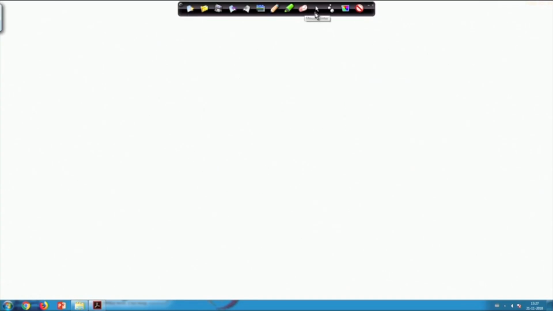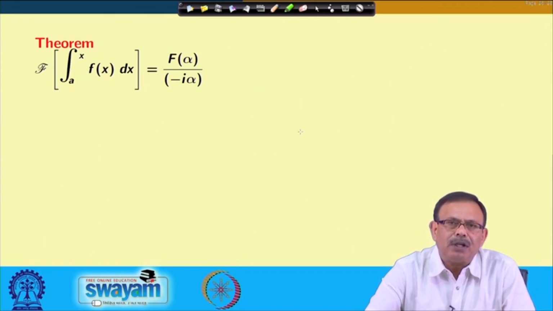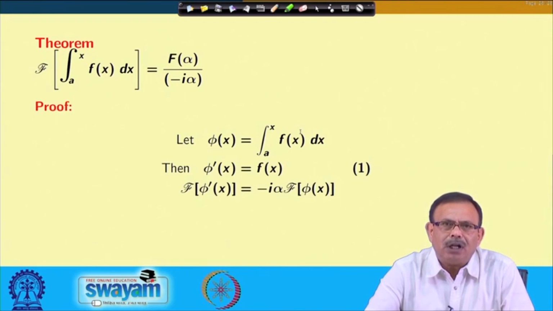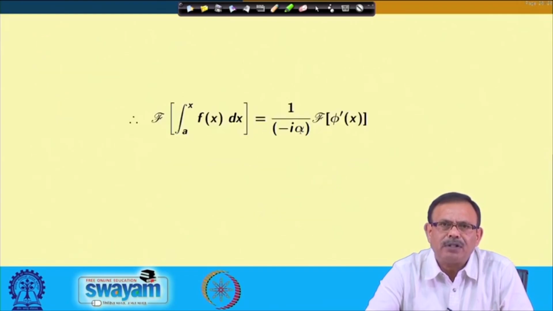Let us see it quickly. I have to prove that the Fourier transform of the integral from a to x of f(x) dx equals F alpha by minus i alpha. So, I am assuming phi x is this, so that phi dash x is f(x), and now I am taking the Fourier transform of phi dash x, using the property, equals minus i alpha into the Fourier transform of phi x, which is the integral from a to x of f(x) dx. And so I can say the Fourier transform of the integral from a to x of f(x) dx is the Fourier transform of phi dash x divided by minus i alpha.